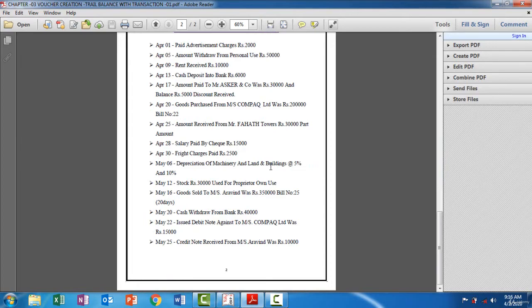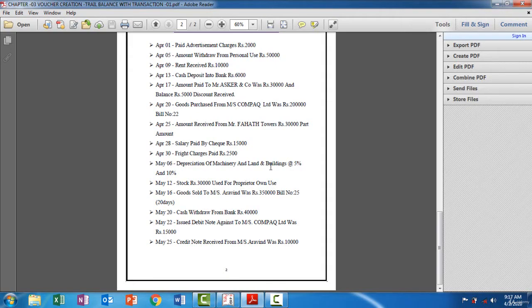So which voucher do we need to use? We pay cash, so the payment voucher we have to use. So the double entry is Asker Co Company account debit 35,000, cash account credit 30,000, and discount received account credit 5,000. So this is the double entry.